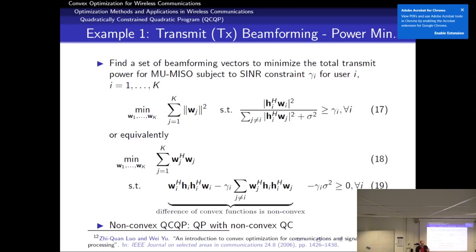But in general, no, this is very specific to that example. If you have a non-convex problem, you will not necessarily find the global optimal solution. But you can have non-convex optimization problems for which you can find the global optimal solution. It happens, but in general, it's not the case.